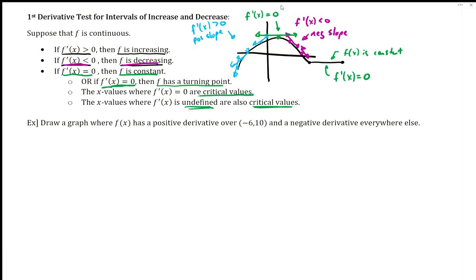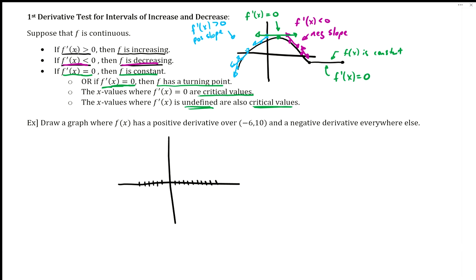So it says draw a graph where f of x has a positive derivative over negative 6 to 10 and a negative derivative everywhere else. All right, so let's set up, and our answers can vary. Okay, so I'm just going to say here's 1, 2, 3, 4, 5, 6, and 1, 2, 3, 4, 5, 6, 7, 8, 9, 10.